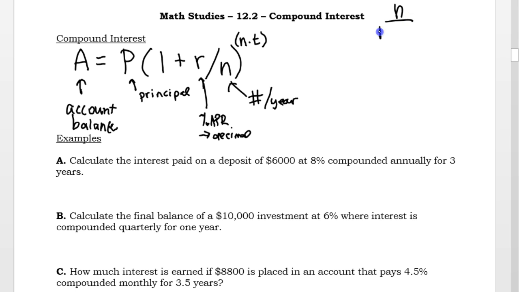If it says annual, N is 1. If it says semi-annually, N is 2. If it says quarterly, N is 4.